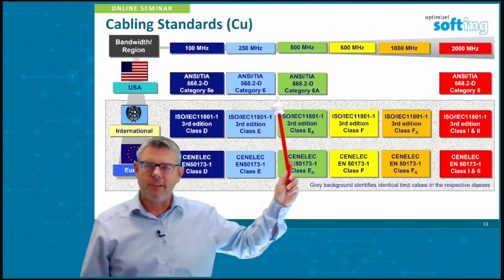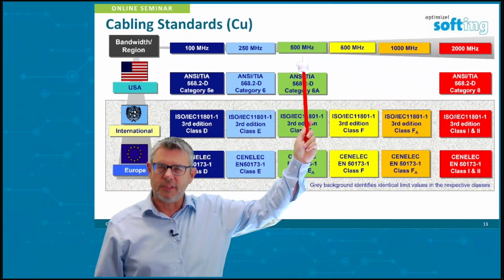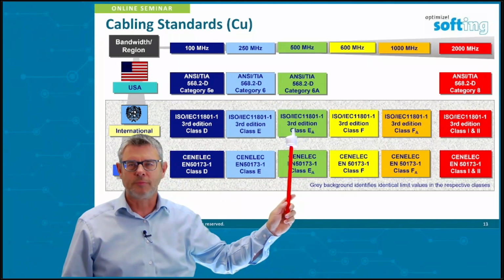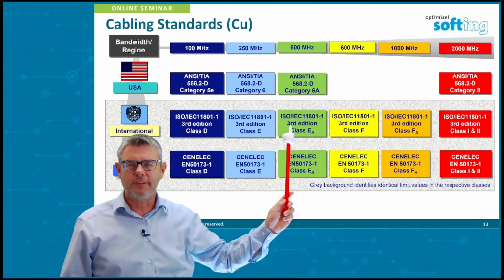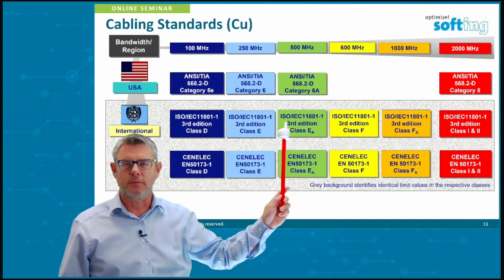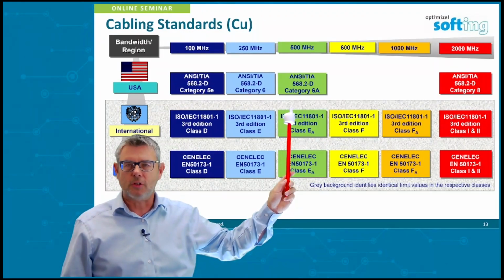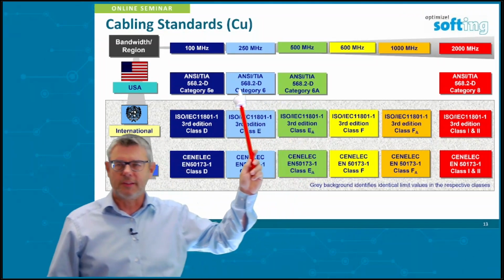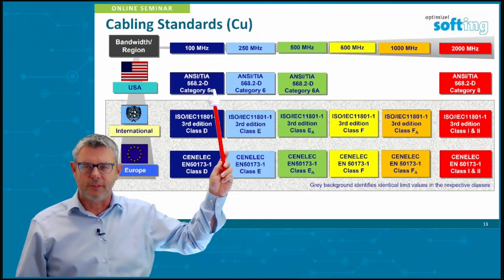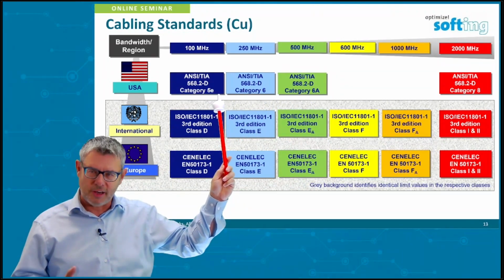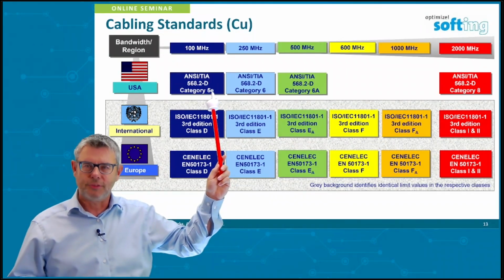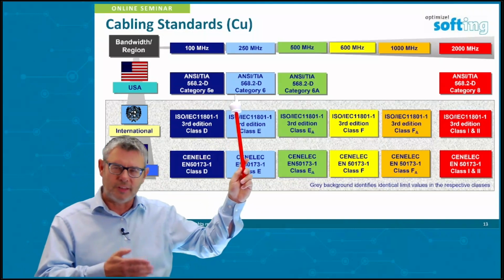Let's jump to 500 megahertz. 500 megahertz is called a Class EA. You see the difference between the international and European standards and the American ones. The American ones call this standard category 6A. They call this standard category 5A. So it's very easy to recognize an American standard in a test instrument because you're just offered this category plus a number.